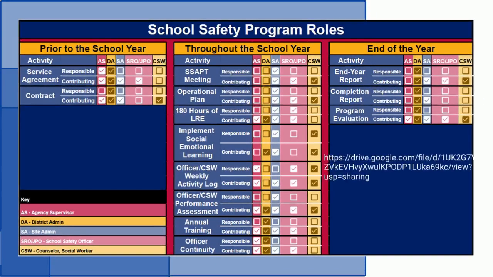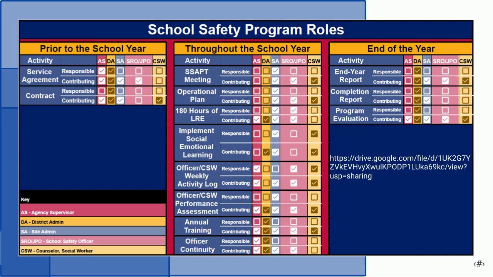This graphic provides responsibilities broken down by site administrator, district administrator, agency supervisor, and awarded position. AS is the abbreviation for agency supervisor, DA for district administrator, SA for site administrator, SRO for school resource officer, JPO for juvenile probation officer, and CSW for counselor or social worker.